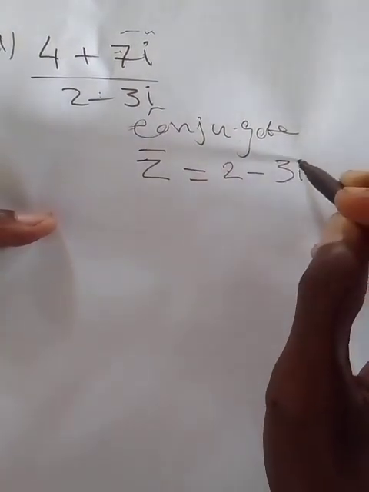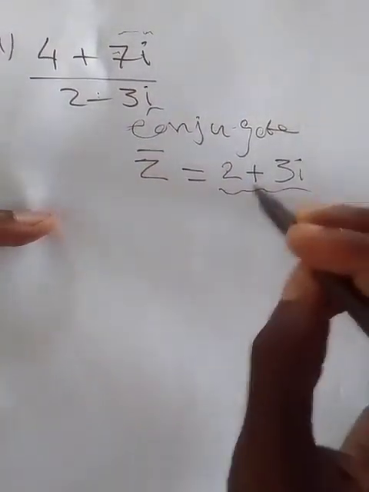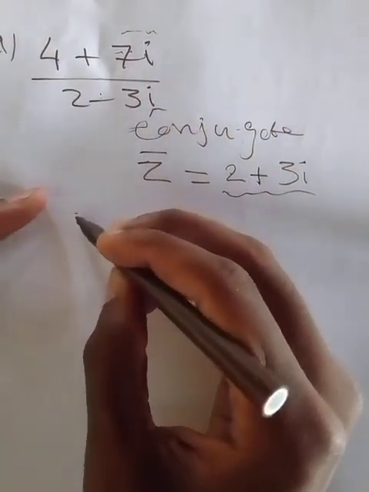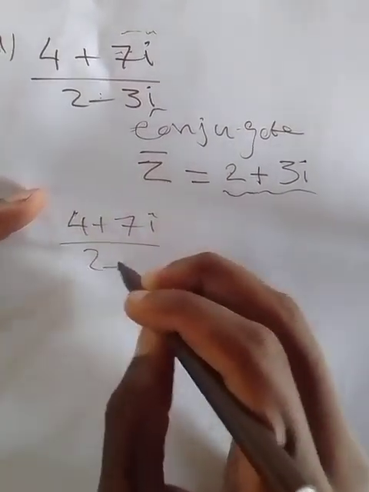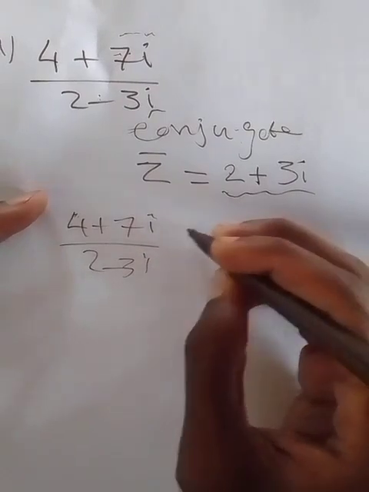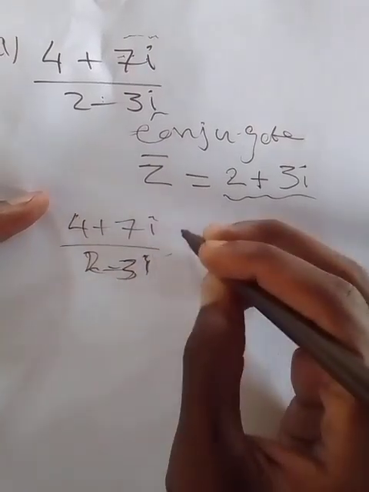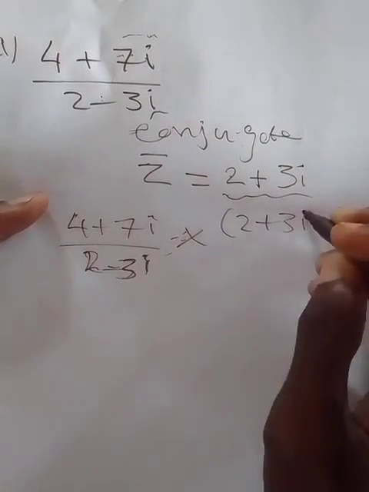So this is the conjugate. Now you multiply this with the numerator and the denominator. So you're going to say (4 plus 7i) over (2 plus 3i), times (2 minus 3i) over (2 minus 3i).